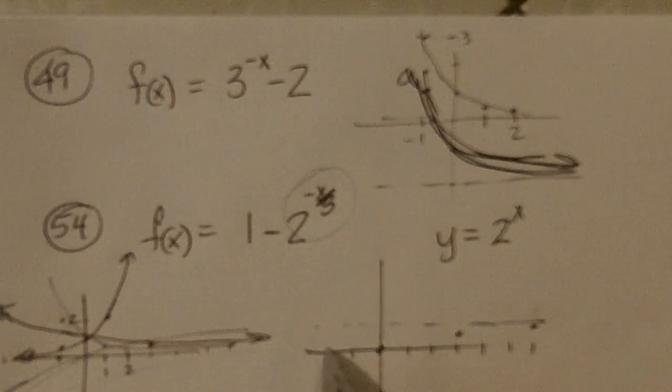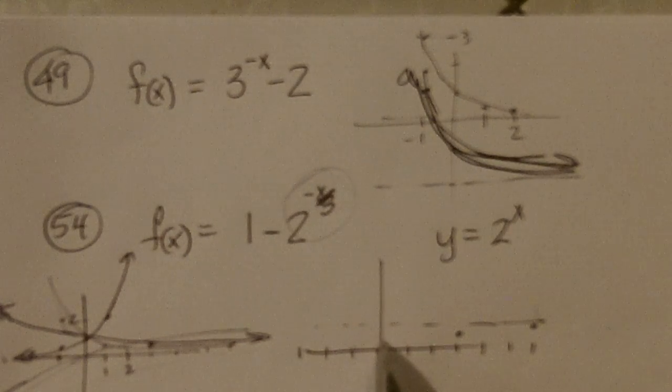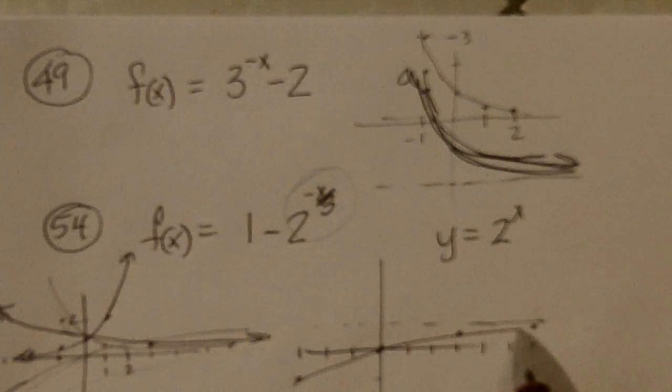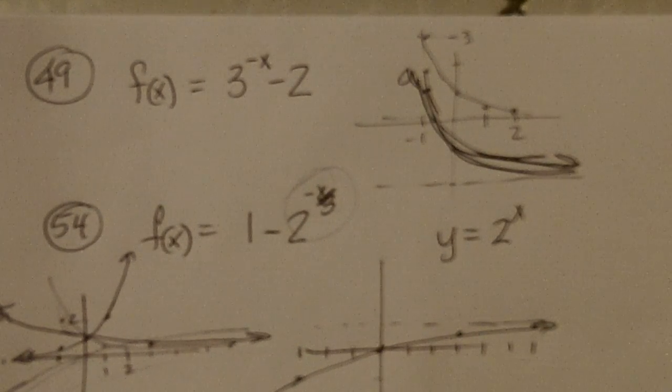And 3 back here, where it would have normally been up to 1, 2 from the asymptote. So that's what this would look like. 54, that was a pretty complicated one.